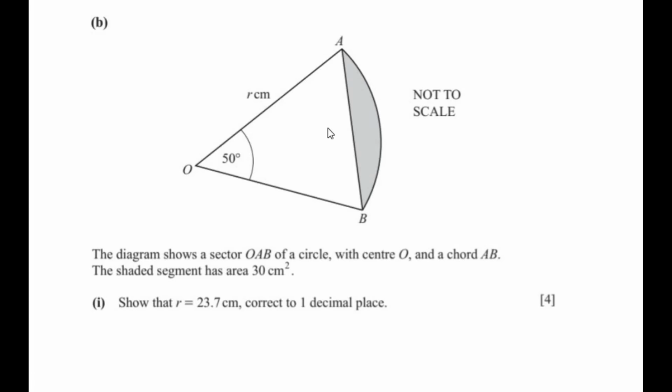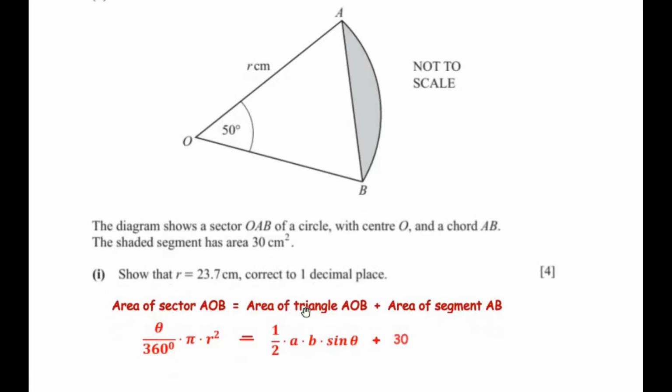Now we can also see that the sector is made up of two shapes. One is the triangle OAB and the other one is the segment AB. So let us write here. The area of sector OAB is written as the sum of the area of the triangle AOB plus the area of the segment AB. Now we have the formula for the area of the sector as theta over 360 times pi r square, where theta represents the central angle of the sector and r represents the radius.